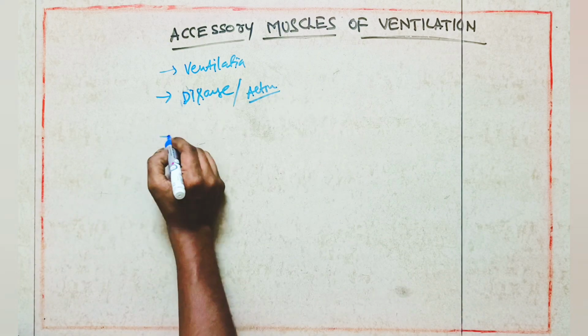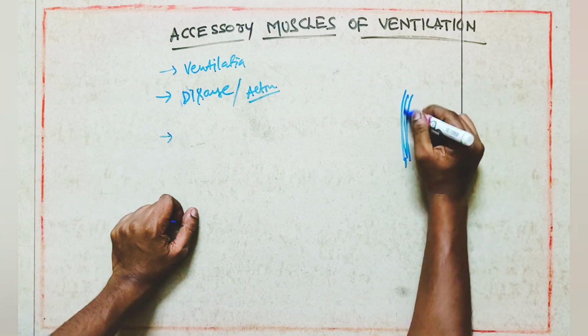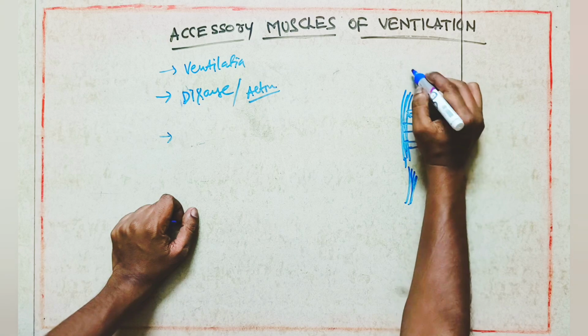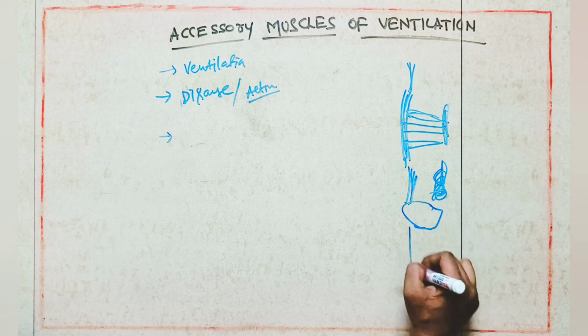And one more point about the accessory muscles. Suppose this is our thorax, this is our thoracic spine, this is the sternum, here we have the ribs, this is our lumbar spine, this is our cervical spine, here we have the abdominal muscles, this is our pelvis, and here we have the lower limb.